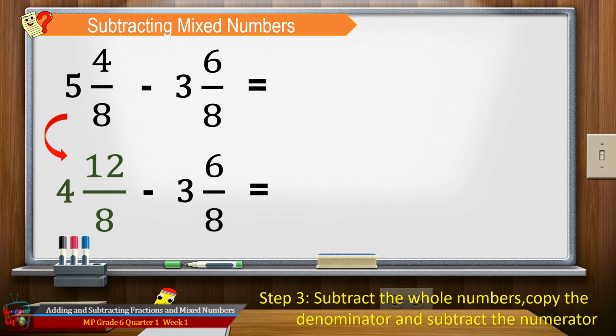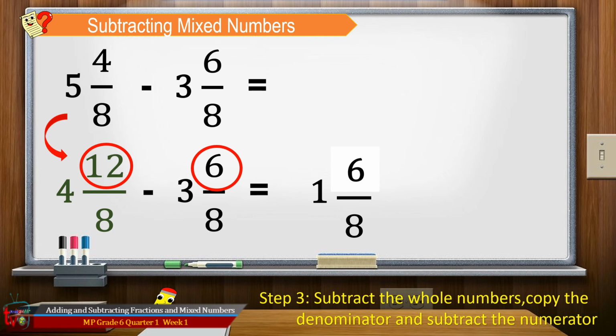We should start with the whole numbers. 4 minus 3 is 1. Then copy our denominator 8. Then subtract 12 minus 6 and we can get 6. Our answer is 1 and 6/8.